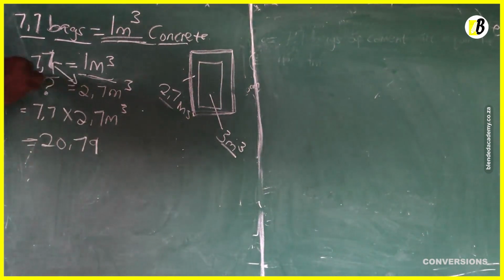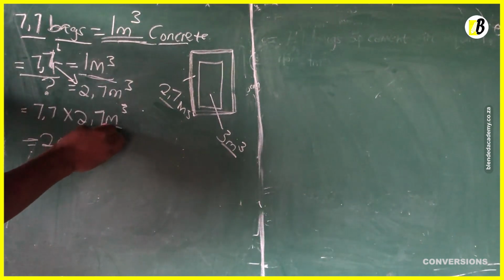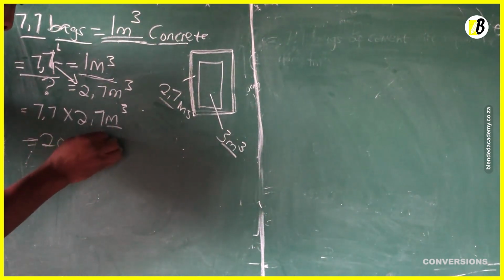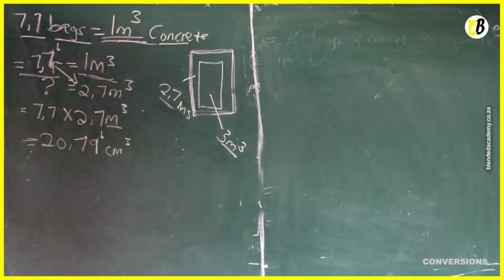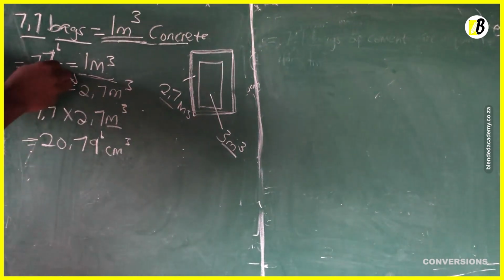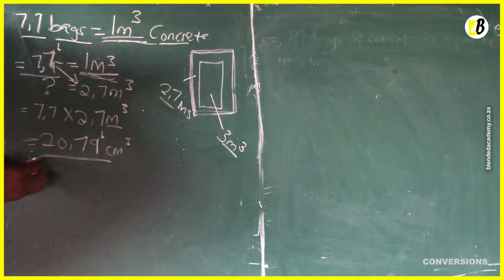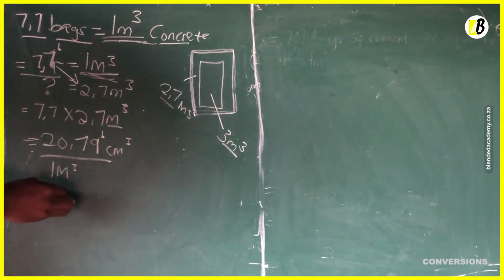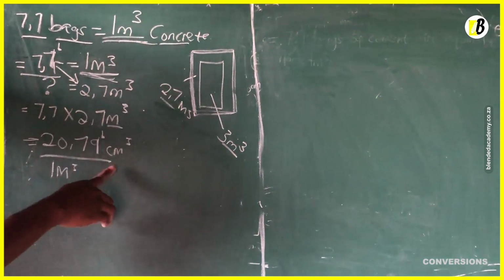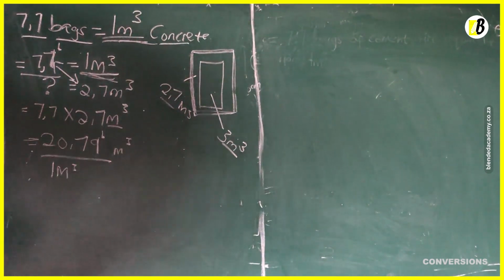20.79. Remember, it carries a B here for the bag and also meters cubic. Now, we have to divide it by 1 meter cubic. I made a mistake, sorry, not centimeter, meters cubic.